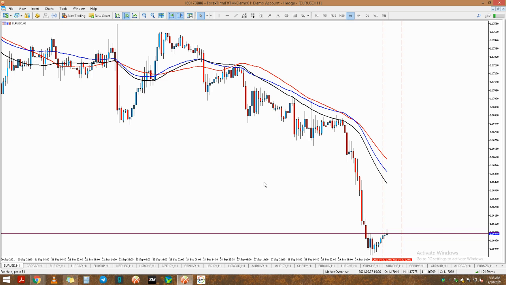So I have my trading strategy. I've presented it sometime back, and that is what I check for when I'm looking for trading opportunities.